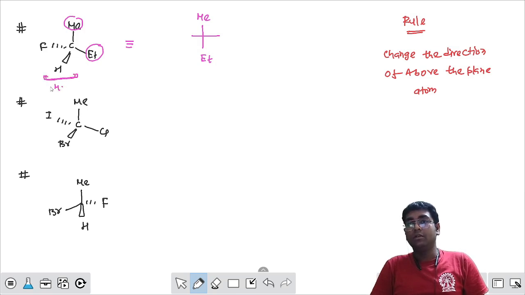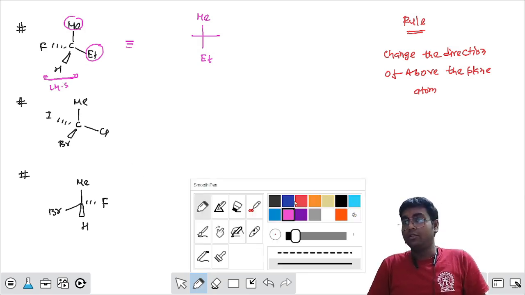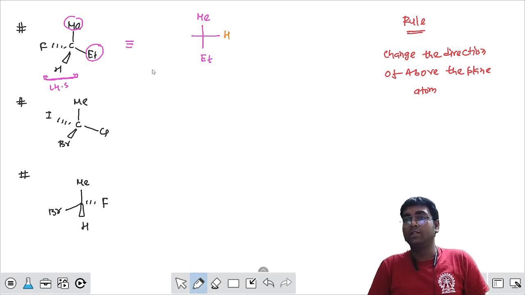So we have to change the direction of the above the plane group only. The above the plane group is hydrogen and we have to change it to the right hand side. So this will be the hydrogen position and we have to keep the fluorine as it is. Fine, this will be the Fisher one.